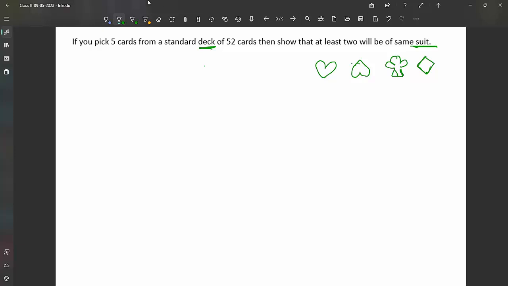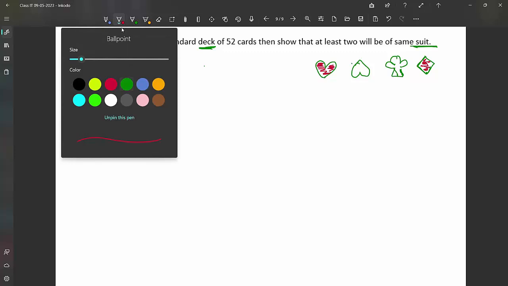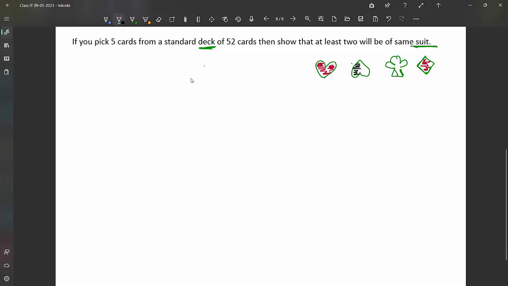There are 2 red suits and 2 black suits. And in every suit there will be 13 cards. So there are a total of 4 suits, and 4 into 13 is equal to 52 cards.